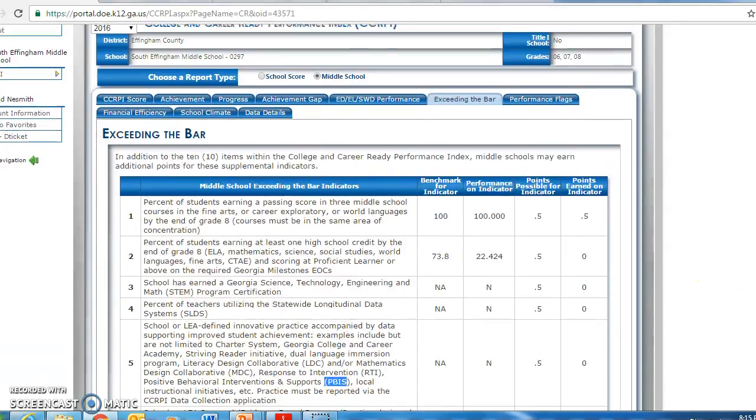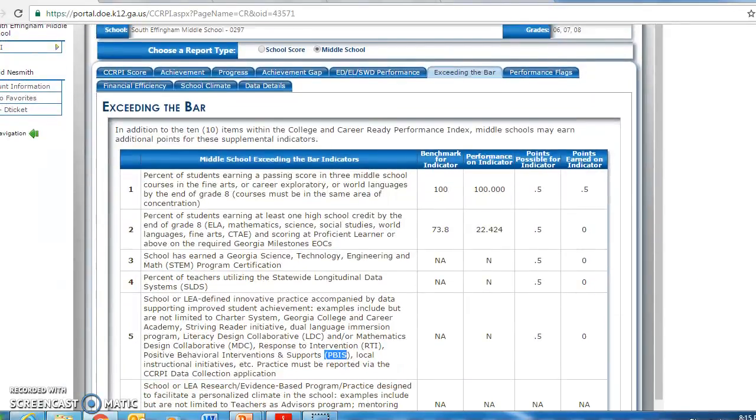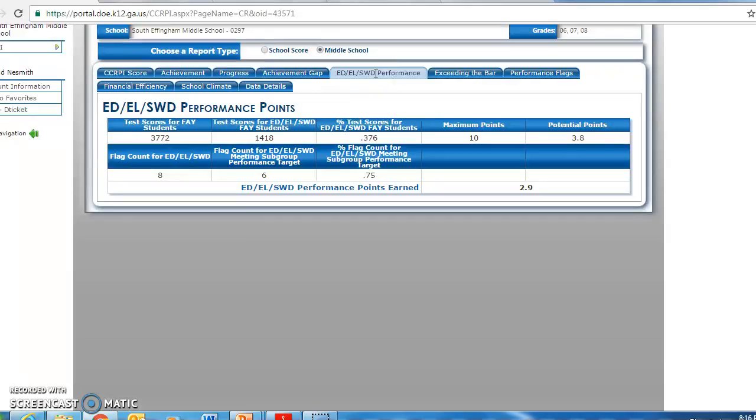So I think that just kind of explains it in detail just a little more to you, how those two work, because, especially the economically disadvantaged and the students with disability, it's very foggy because it's all about a percentage and it's points, maximum points, potential points, and then our flags all fall into that, and how we get credit for our flags based upon how the students score, and they have to meet targets, which is totally different than our achievement, which is just developing and higher, or even our achievement gap, looking at the growth rate.